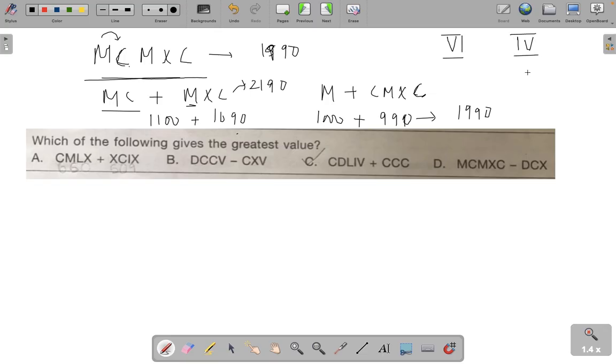Sir, I minus C from M. Which one? There are two ways. If you solve this first, you have to add C to M. If you solve this first, you have to subtract C from M. Which one did you do?